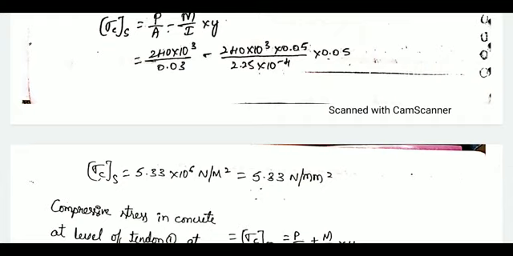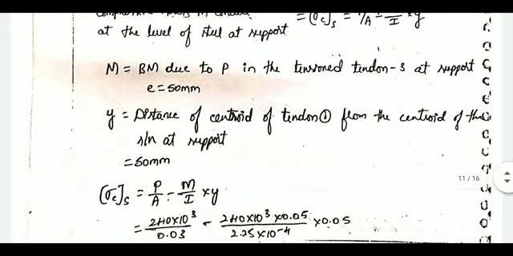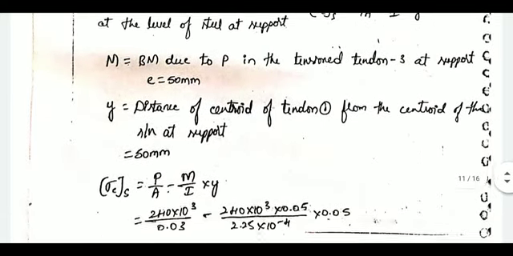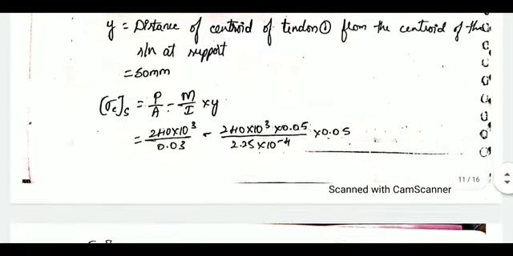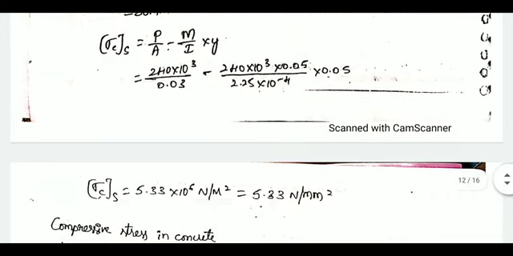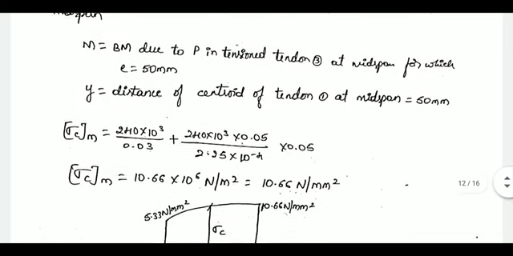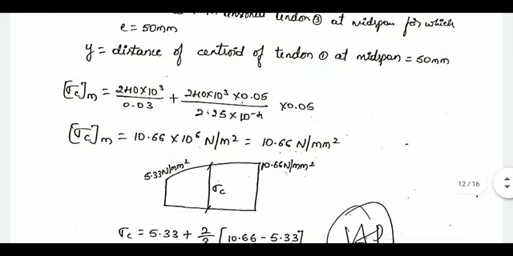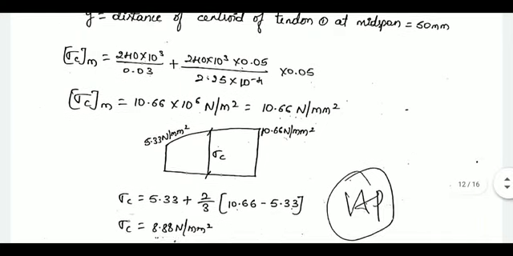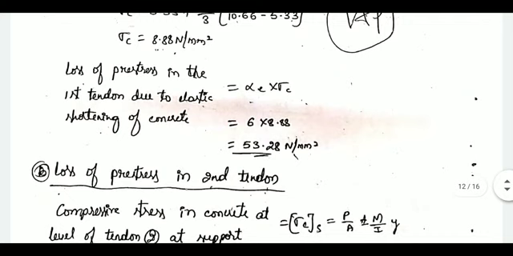And one thing you have to remember, at the support section, the first tendon is above the centroidal axis. So we have to consider minus. Here it is plus because both are below the centroidal axis.